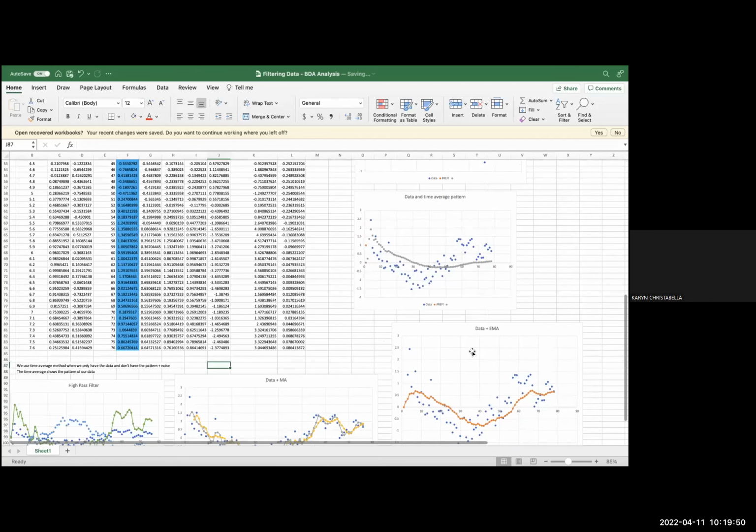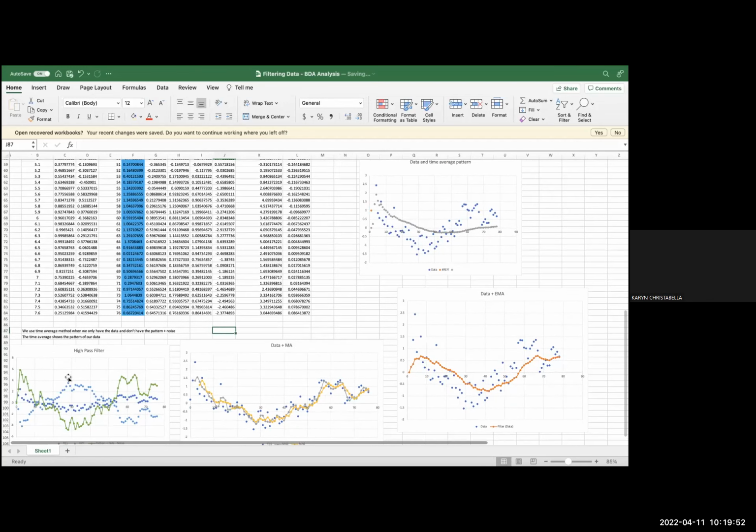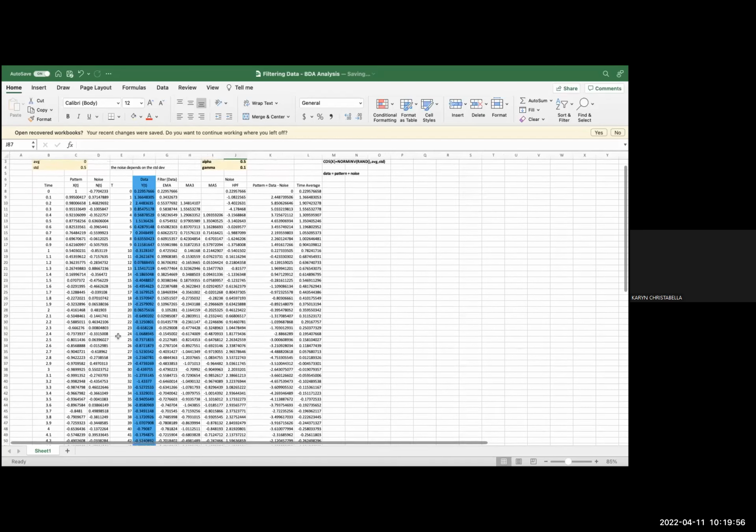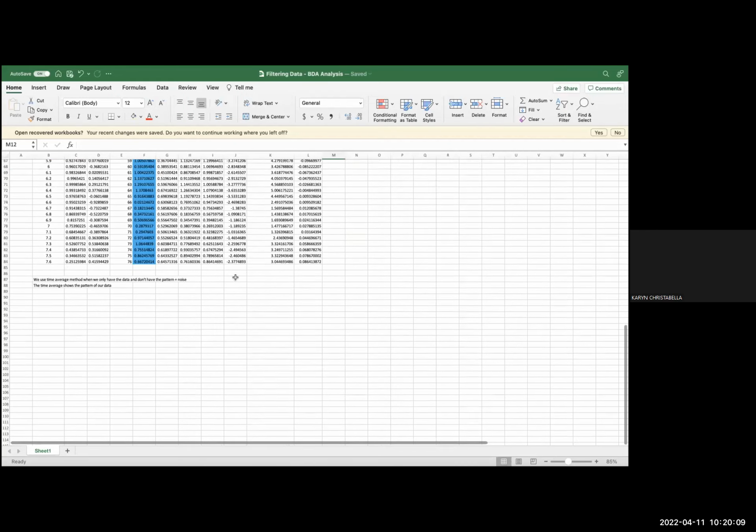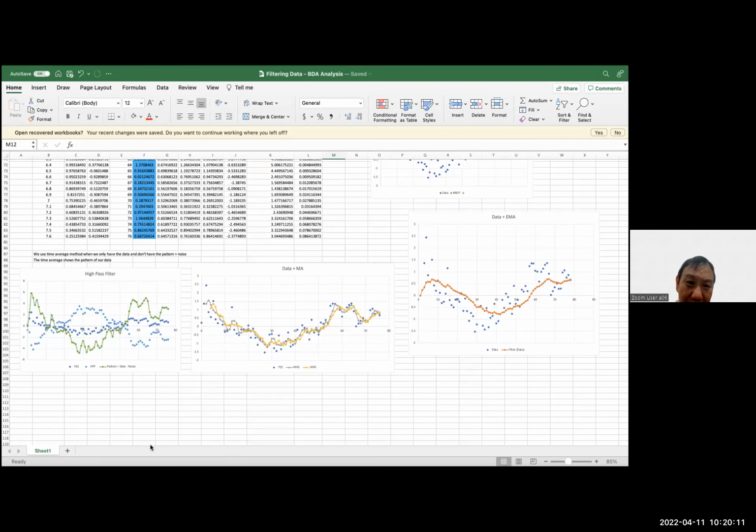Time average, EMA, MA, and high pass filter. Which one, I don't know. It depends on your data, so some are better than the others, right? Within science, there is an art, meaning to choose which filter you will use. That is still art.